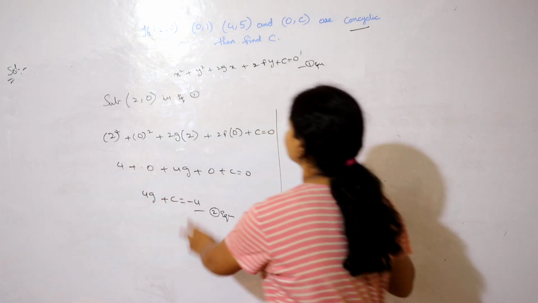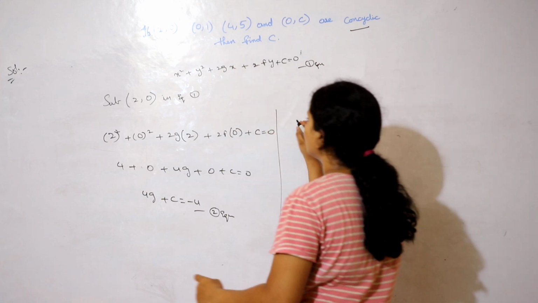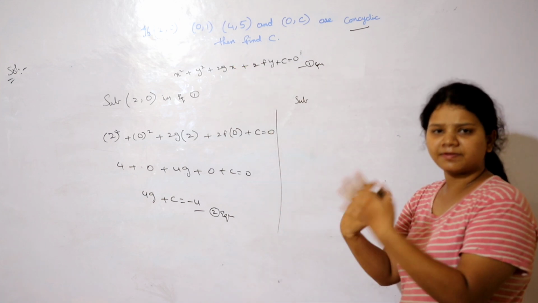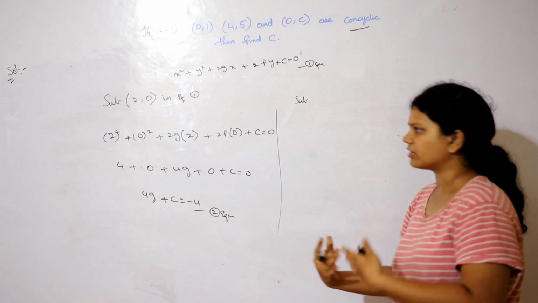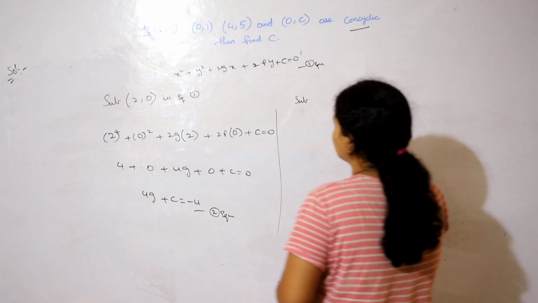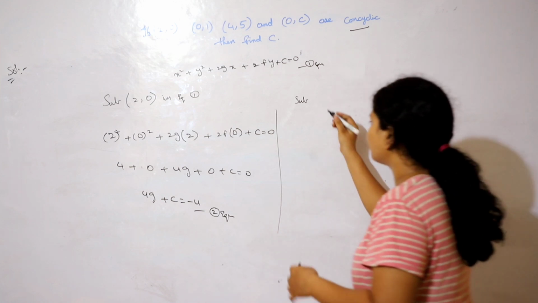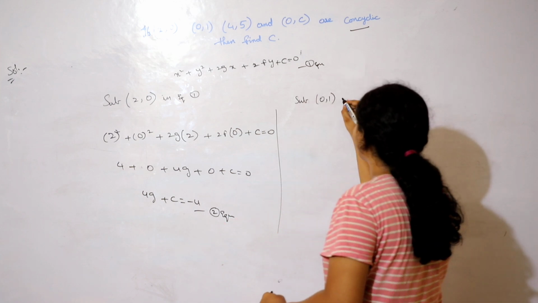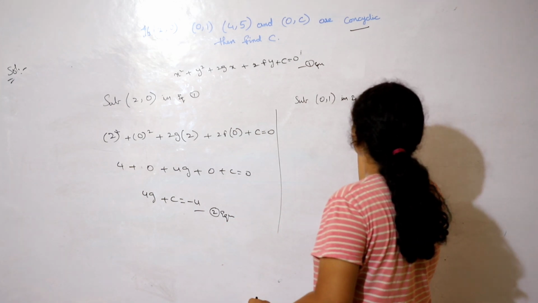And now same as it is guys, go for (0, 1). We did this in the previous question and previous videos. Substitute (0, 1) in equation 1.